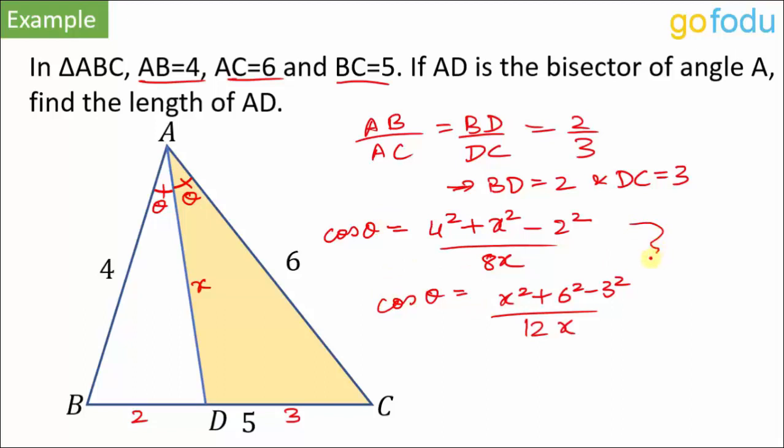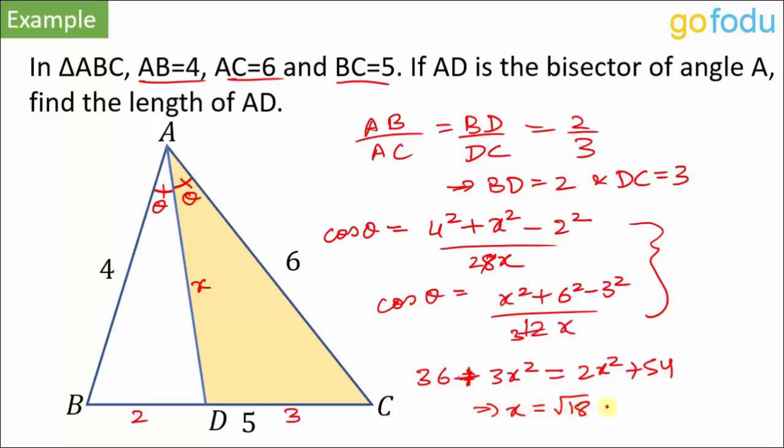We can equate these two cos thetas. 4 2s are 8, 4 3s are 12, and cross multiply. Sorry, 36 plus 3x square is equal to 2x square plus 54. This is what you will get in the end, and x square will come out to be 18, which will give x as root 18 or 3 root 2. The length of this median will be 3 root 2.